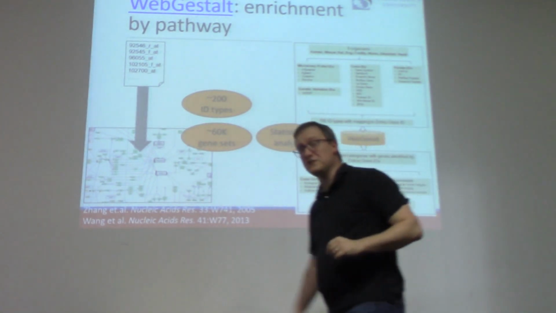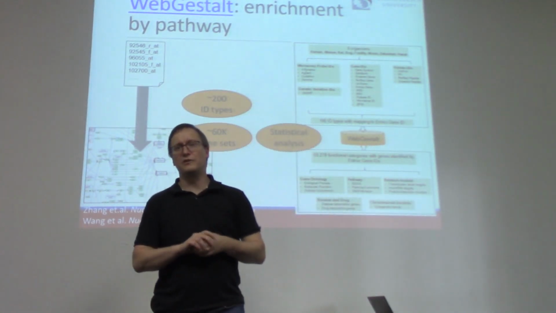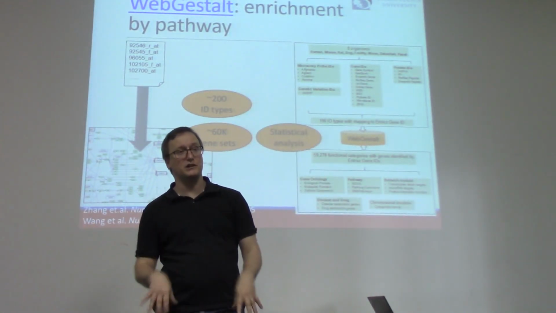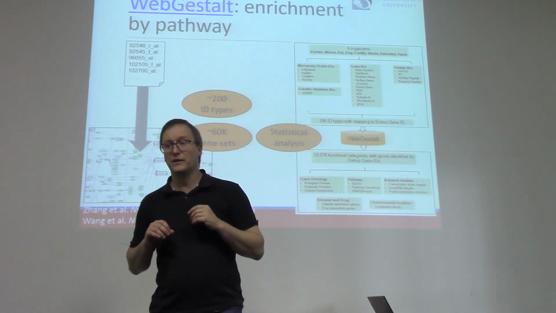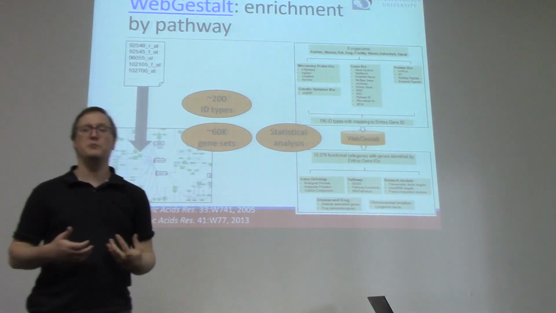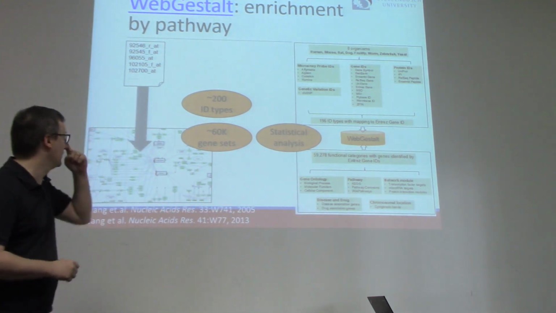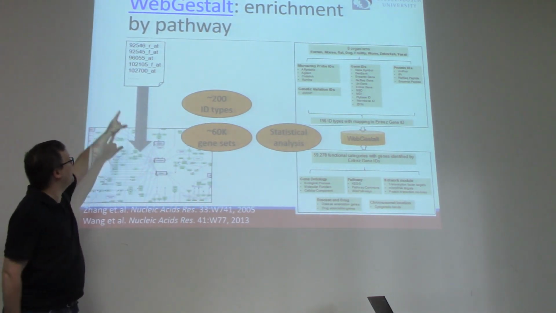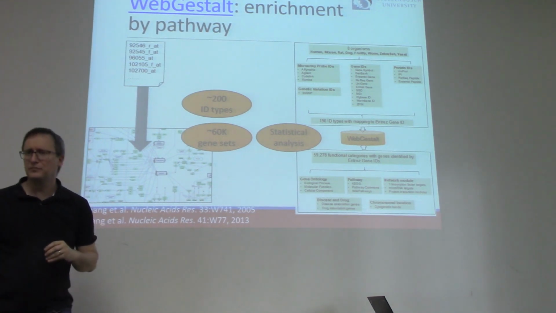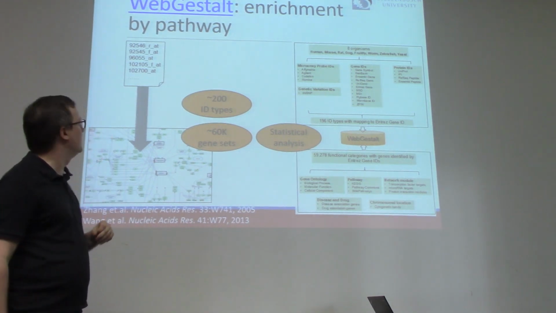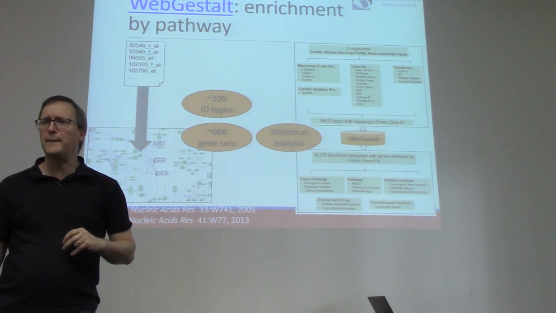Okay, which brings us to WebGestalt. So we've talked a little about gene ontology, we've talked a little bit about KEGG. These are canonical pathway systems. This is one of the best workbenches for dealing with it. So we start with the fact that you have experimental data of some sort. In this case, we're using microarray probe numbers.